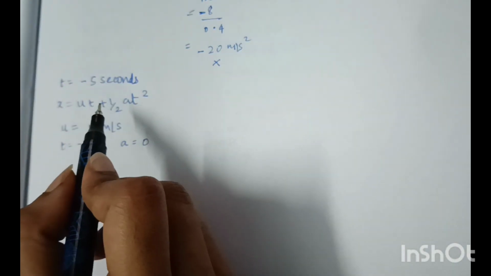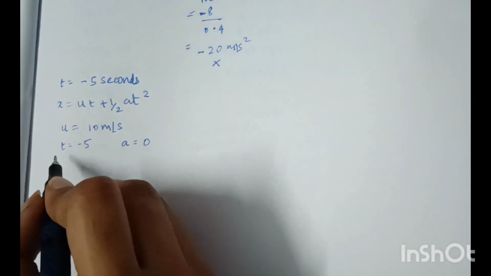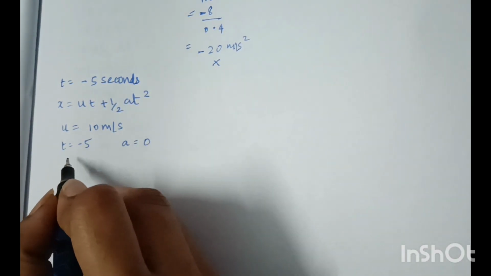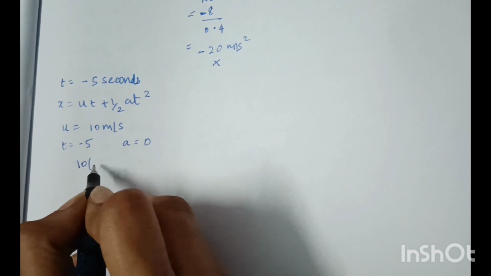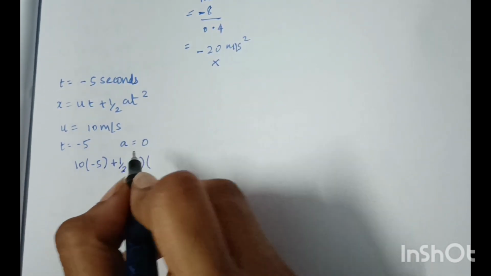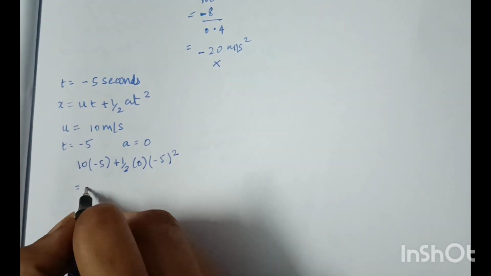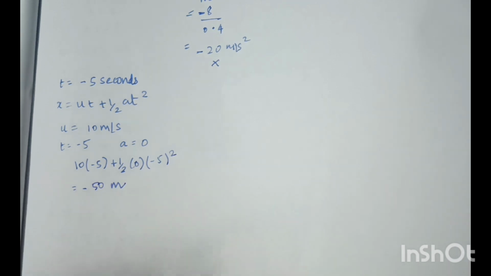Here time is given as minus 5 seconds, so we should not use that acceleration. Substituting: 10 into minus 5 plus half, acceleration is 0, t square is minus 5 square. This is minus 50 meter. So this is the position of the particle at t equals minus 5 seconds.